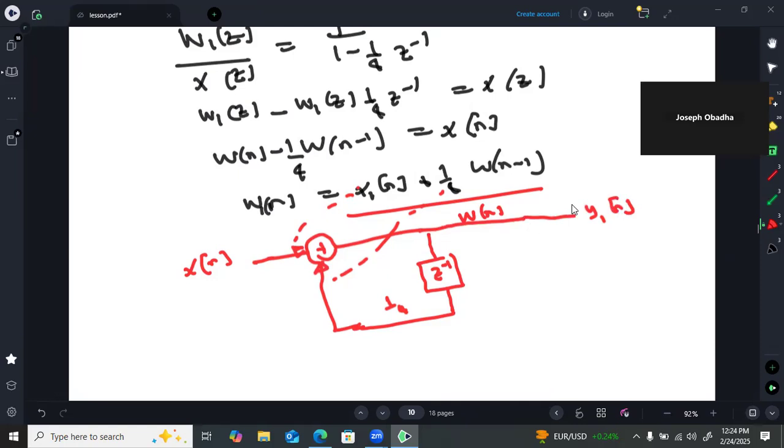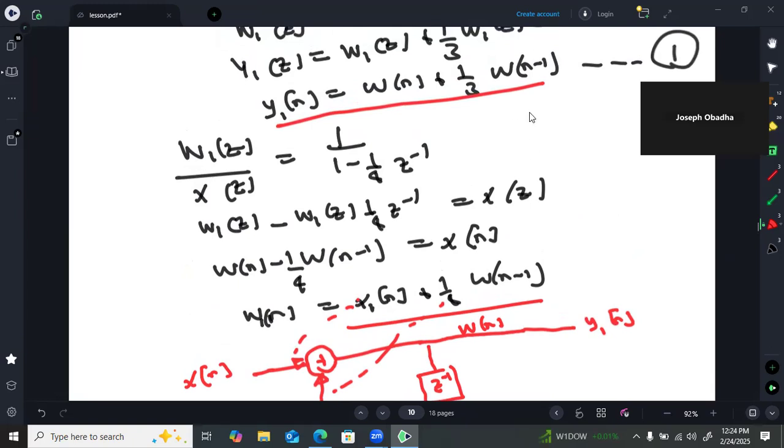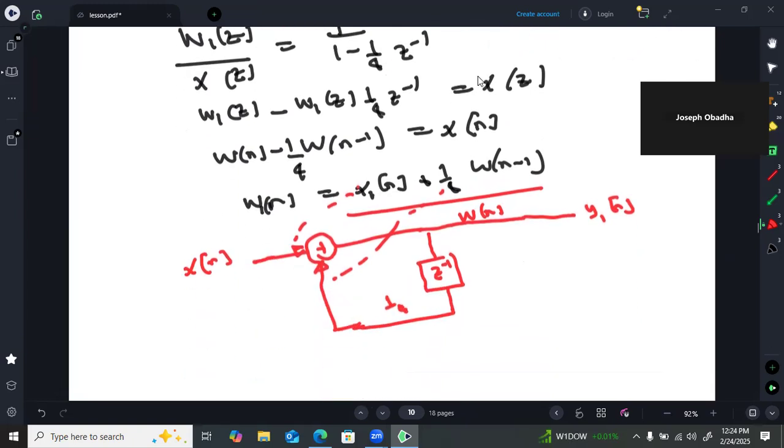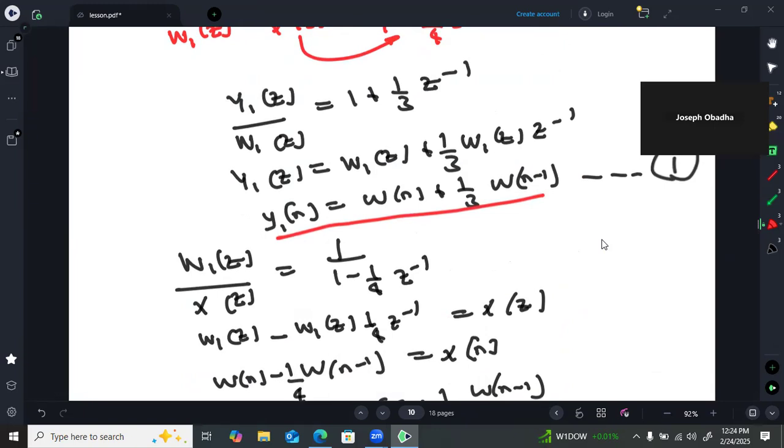But for you to get the y1[n], you need the delayed version of w[n], that is w[n-1].